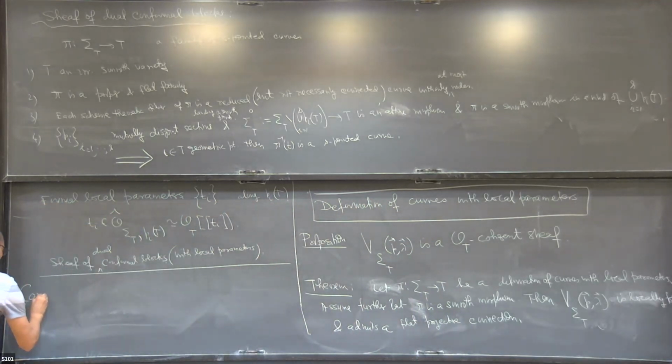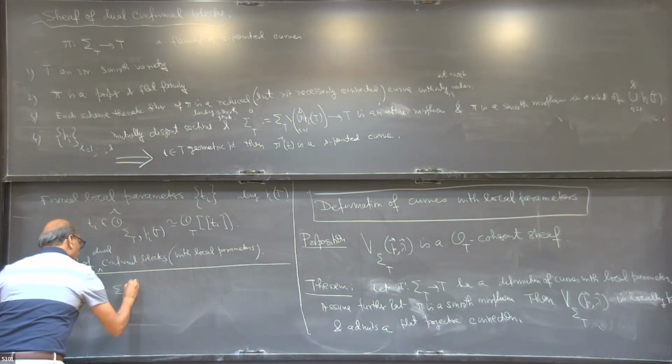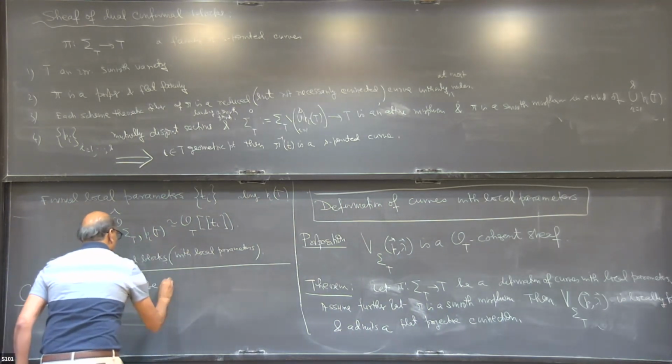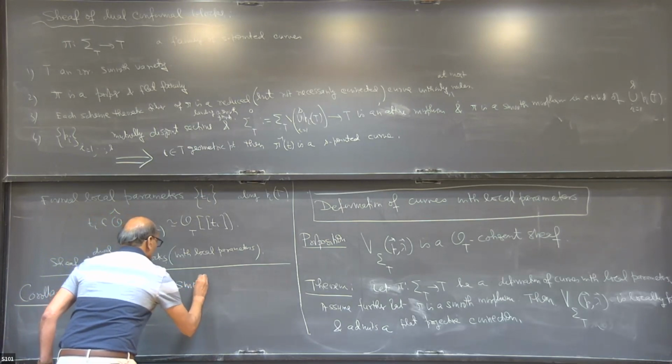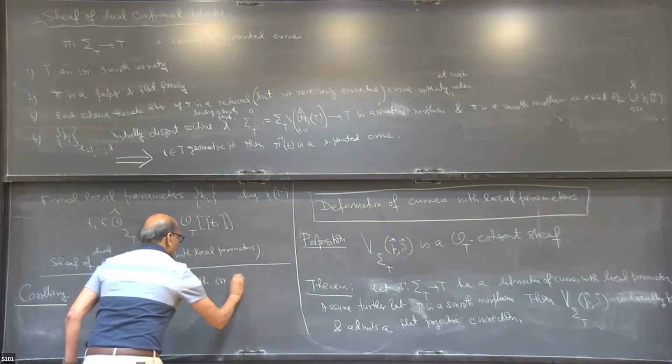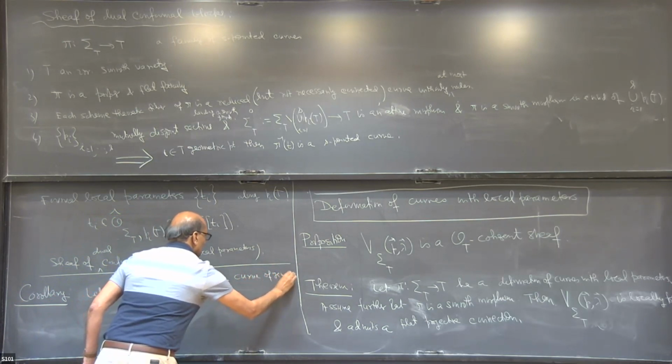Corollary: let sigma p be a smooth irreducible curve of genus G.